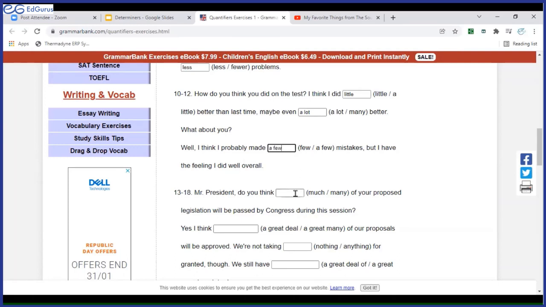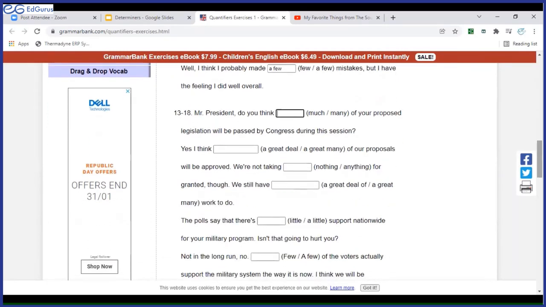Okay. Mr. President, do you think dash of your proposed legislation will be passed by Congress during this session? Many of your proposed legislation? Yes, ma'am. Just read the sentence again very carefully.